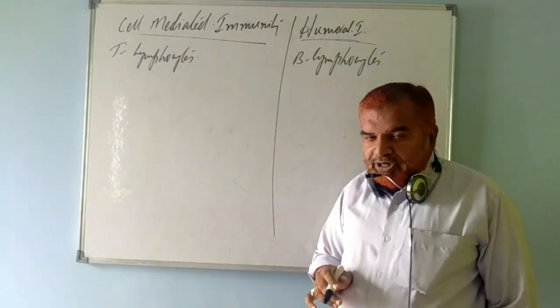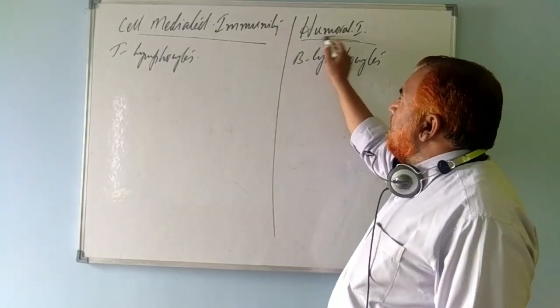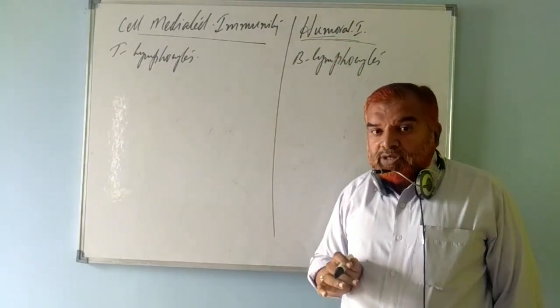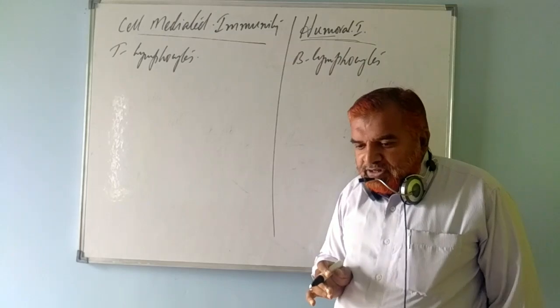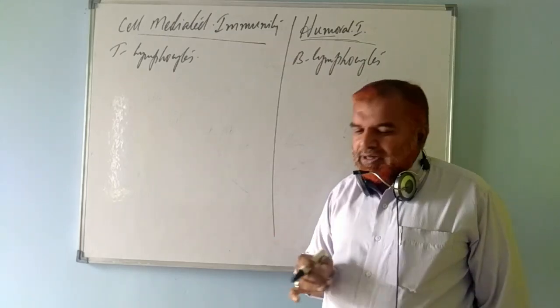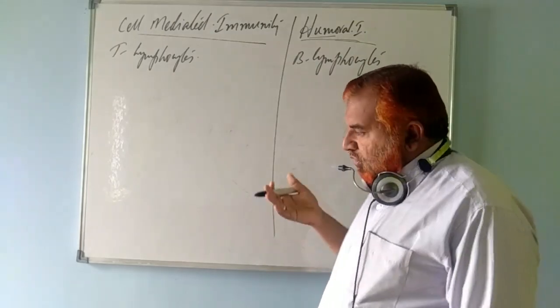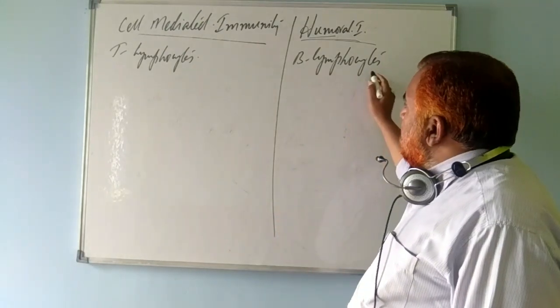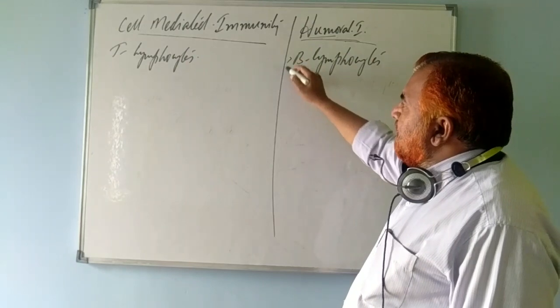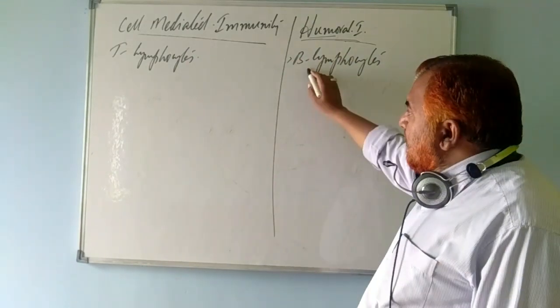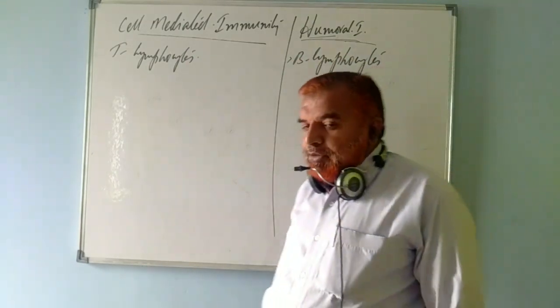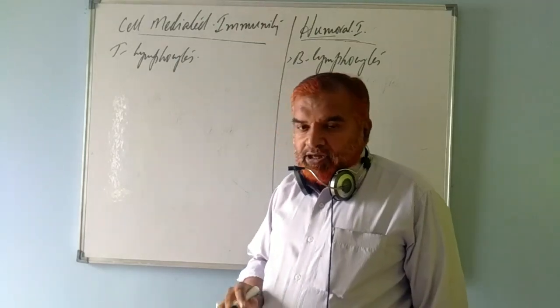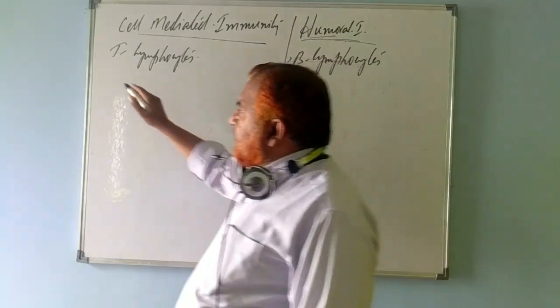It is also known as body fluid immunity. Humor refers to body fluids, in particular blood. In the blood you have antibodies, because in the blood you also have antigens. So this immunity is regulated by B lymphocytes, whereas cell mediated immunity is regulated by T lymphocytes.